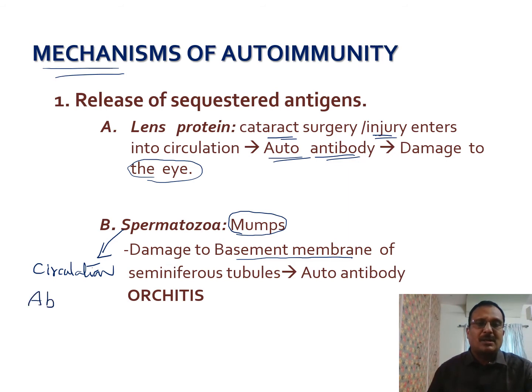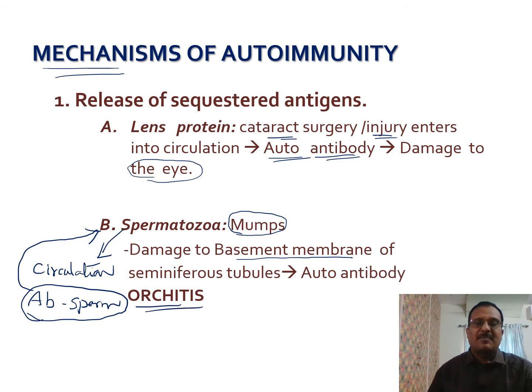These antibodies again act on the spermatozoa and form immune complexes, resulting in antibody mediated arthritis. This may sometimes cause sterility in that particular individual. This is about the autoimmune mediated arthritis.